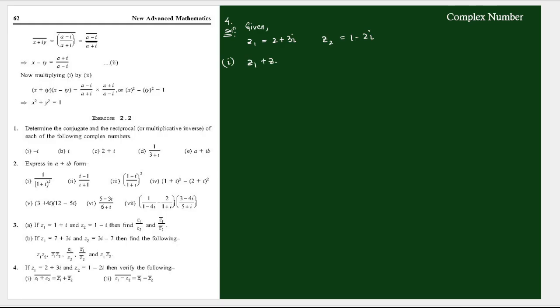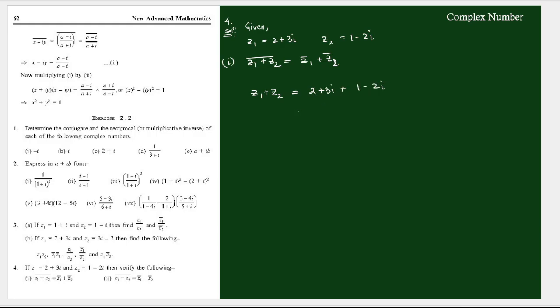Conjugate of (Z1 plus Z2) equals conjugate of Z1 plus conjugate of Z2. Okay, so first we find Z1 plus Z2. Z1 plus Z2, this will be how much? 2 plus 3i plus 1 minus 2i.